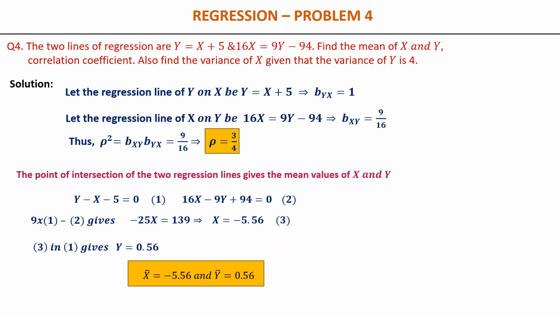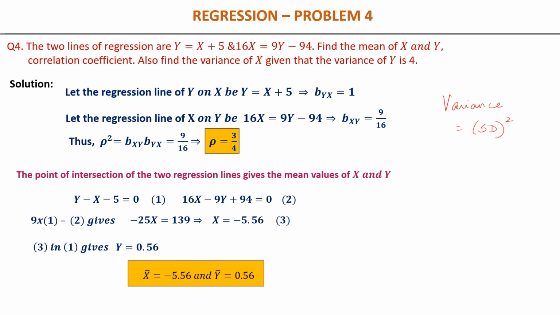So let's now read the last question. The two lines of regression are given to us as two equations. Find the mean of x and y, that's the first question. Correlation coefficient, that's the second question. And find the variance of x, given that the variance of y is 4. Now variance is the square of the standard deviation.